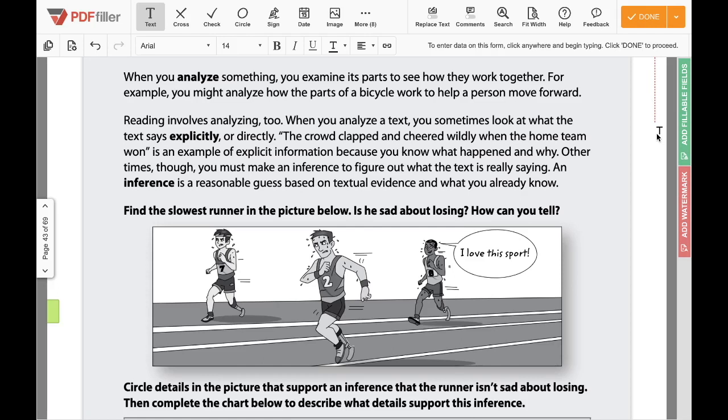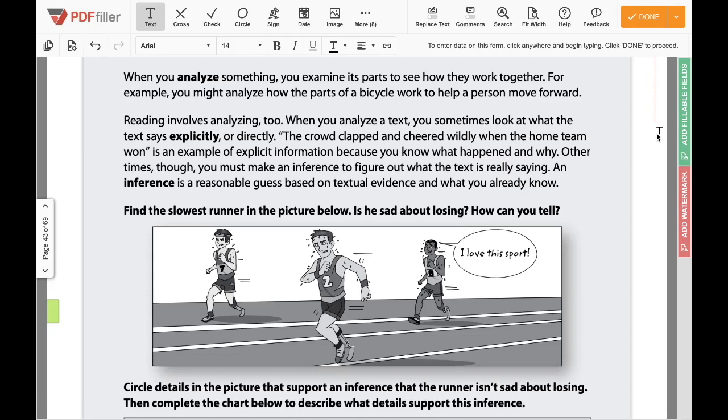So here, it says the crowd clapped and cheered wildly when the home team won is an example of explicit information because you know what happened and why. You don't have to make any assumptions about what's happening.